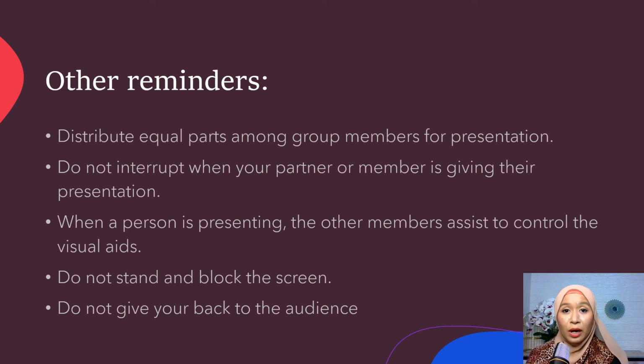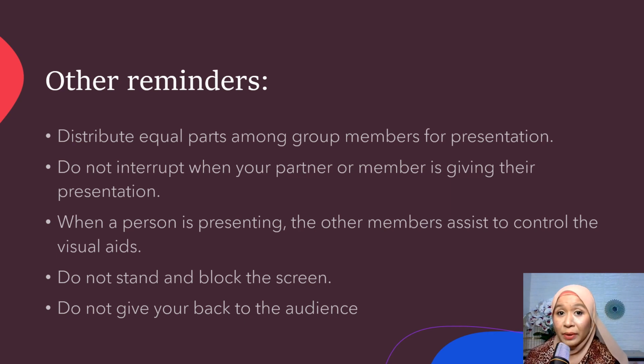Sometimes you're not aware of where you are standing, so remember that you are not to stand in front of the projector and block the screen. This is also important: do not give your back to the audience.